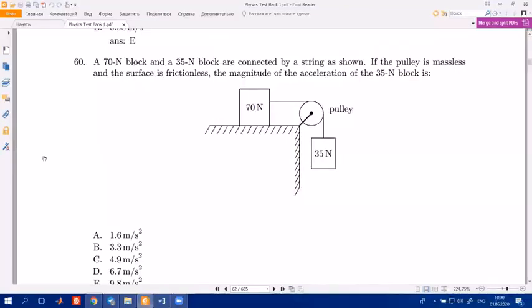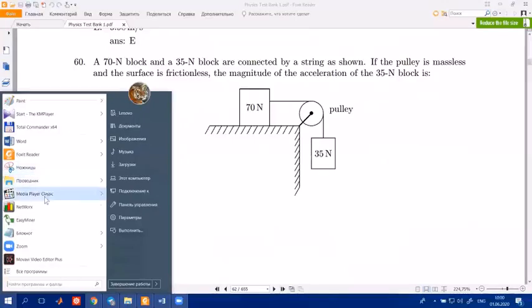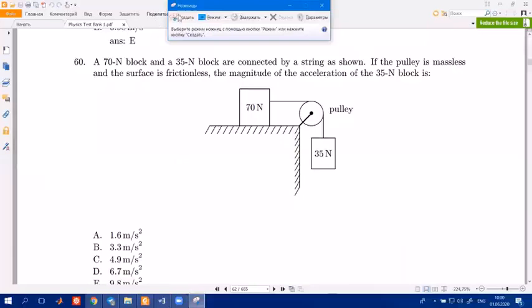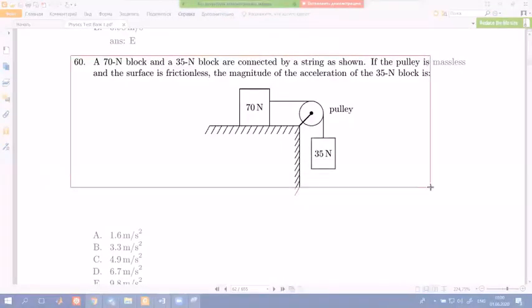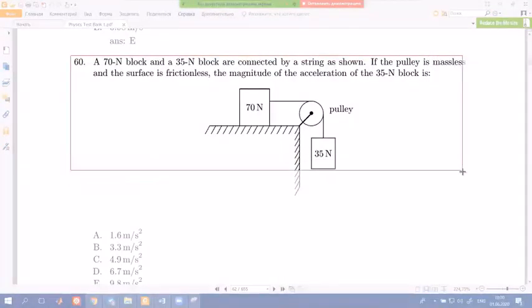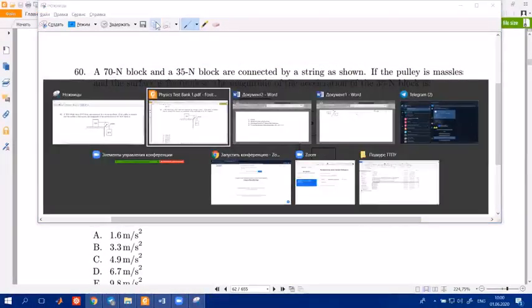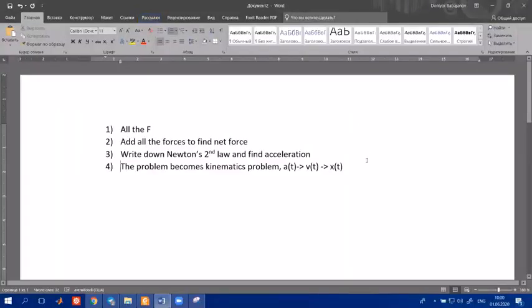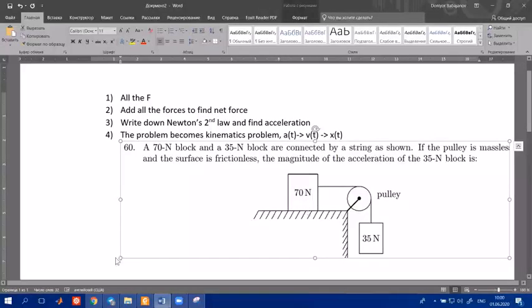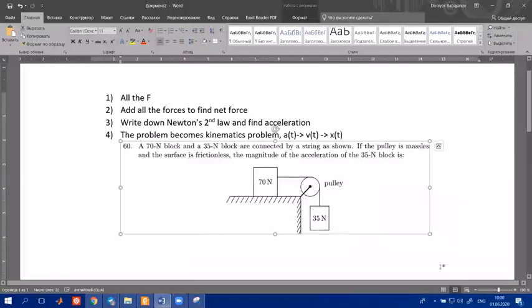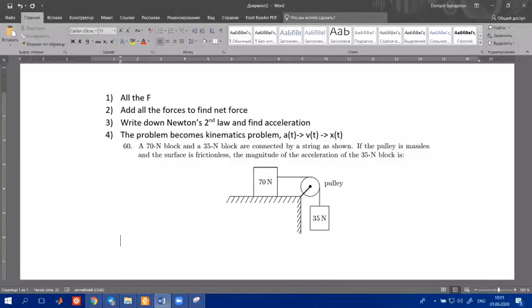Okay, let's do this number 60. "70 Newton block and 35 Newton block are connected by a string as shown.